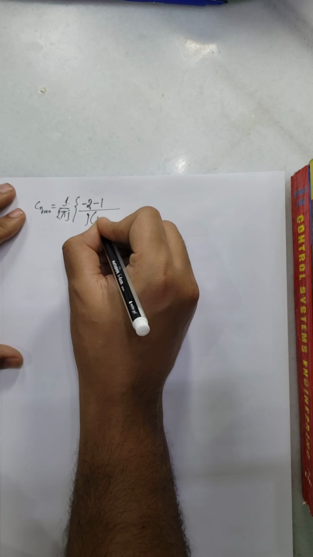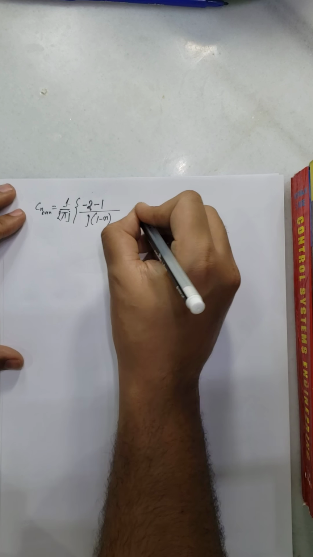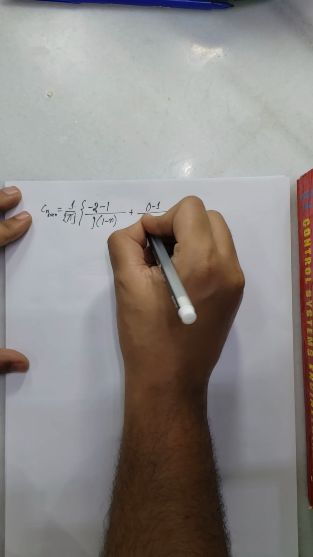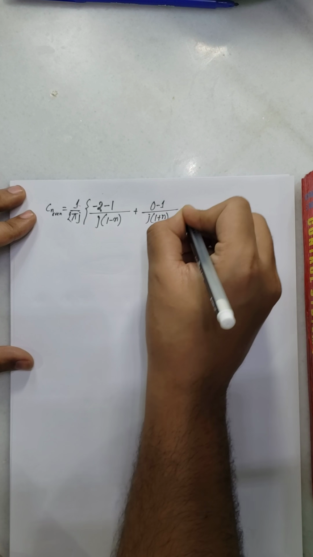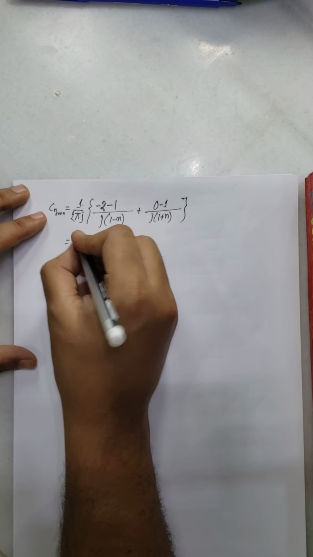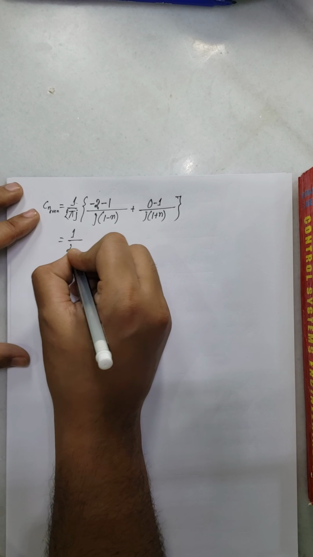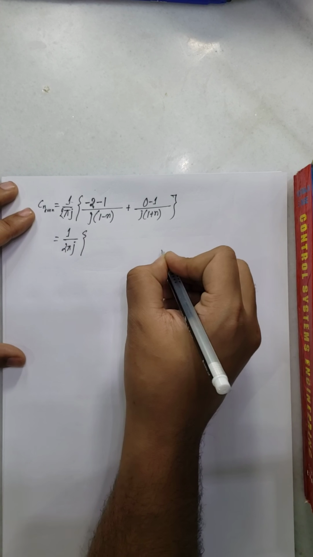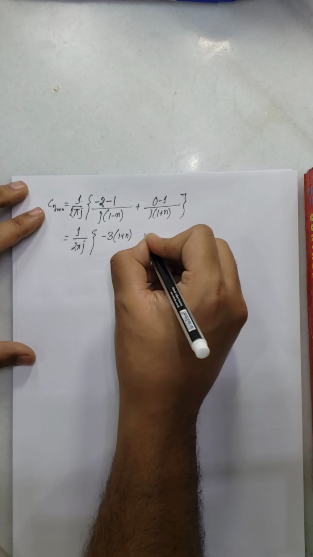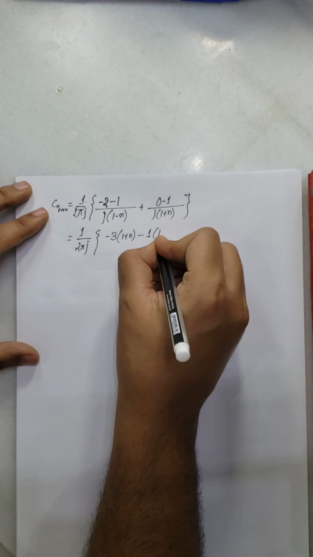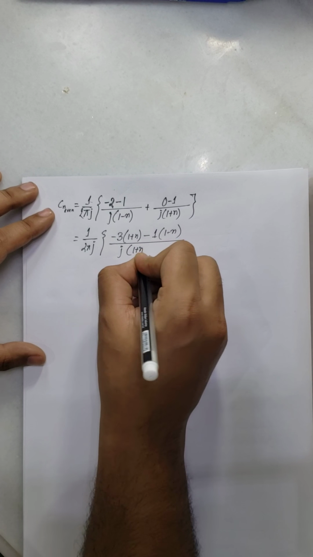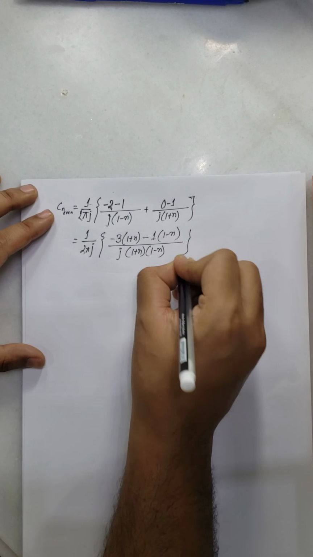The denominator as it is, j of 1 minus n plus 0 minus 1 j of 1 plus n. Now simplifying once again, twice pi j, this becomes minus 3 1 plus n minus 1 1 minus n, j of 1 plus n 1 minus n.